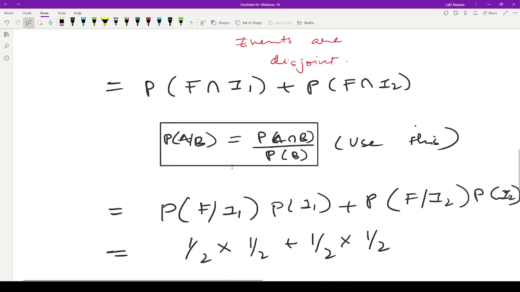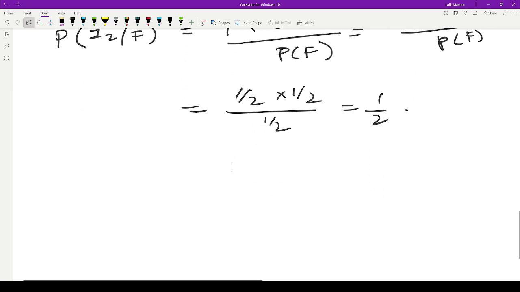Okay. So there is one more question similar to what we did here, but related to probability theory.